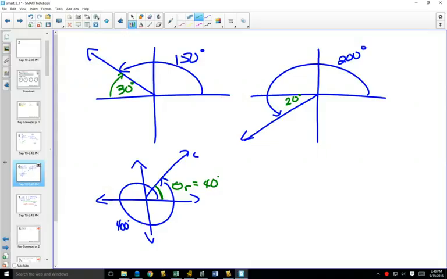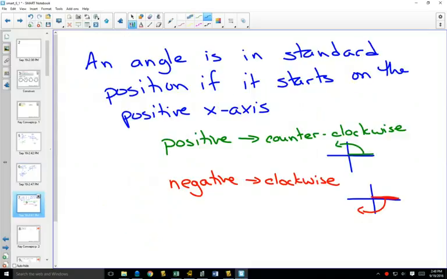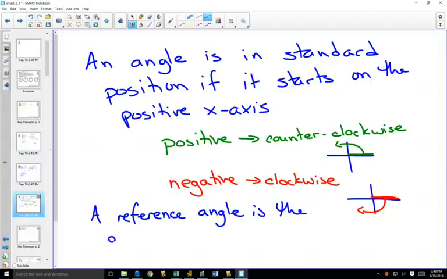How do we write a definition for this? What is a reference angle? The distance away from the x-axis. Okay. A reference angle is the angle to the nearest x-axis.